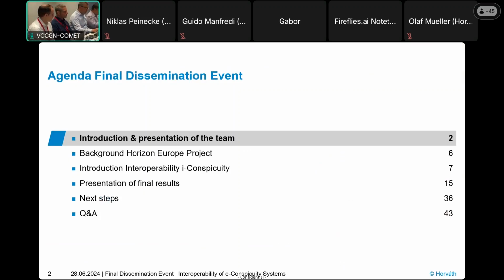Then we will start with Helge, who will present the final technical results of this project. And of course, we will also discuss the next steps which should be taken. And we'll then have a dedicated Q&A session. If you have any questions, we'll come back to that later. We'll use Slido for this, but it will be introduced in a few minutes.